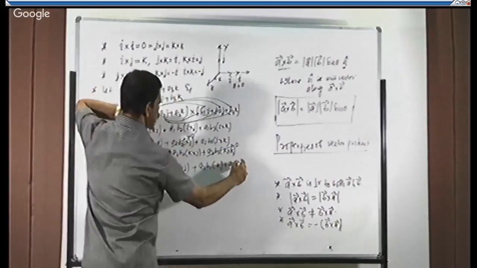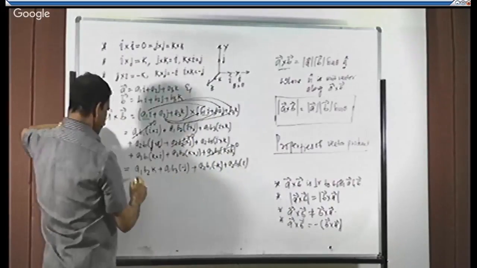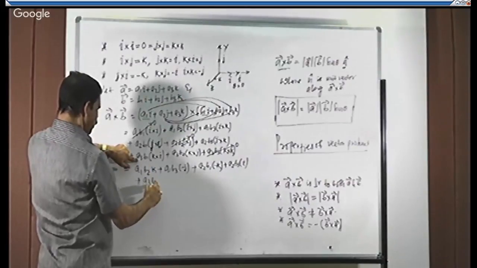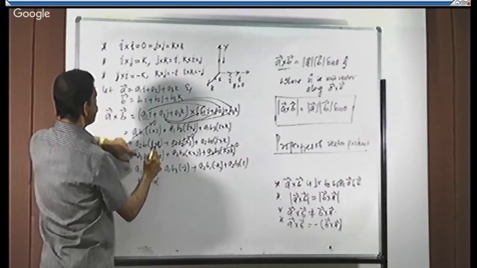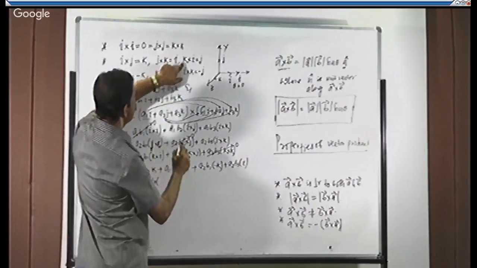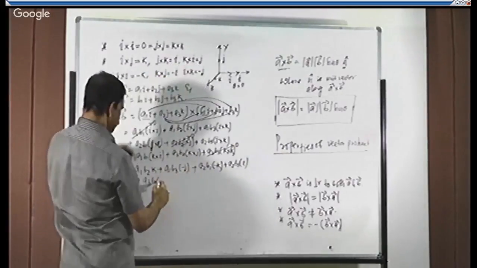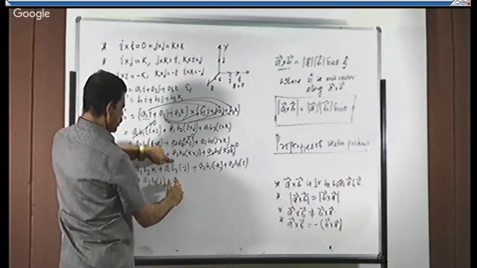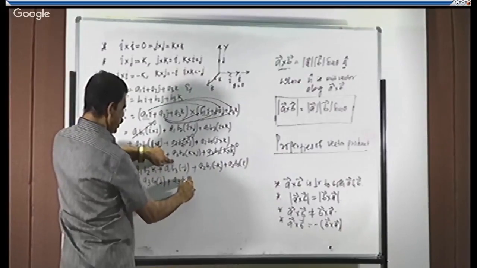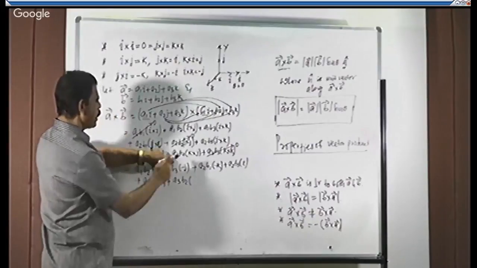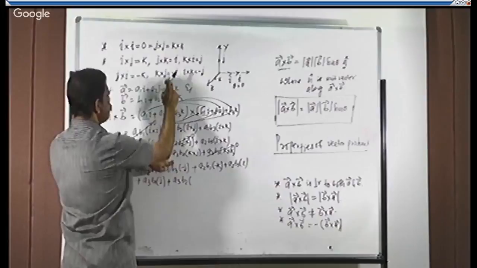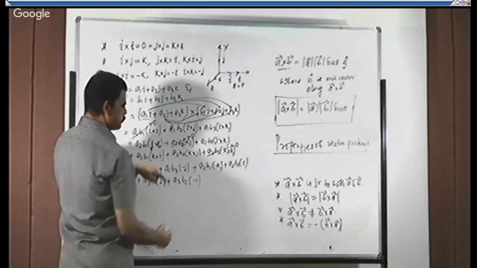It is equal to I, plus A3 B1 into K cross I. What is K cross I? K cross I is equal to J, plus A3 B2 into K cross J. K cross J is equal to minus I.